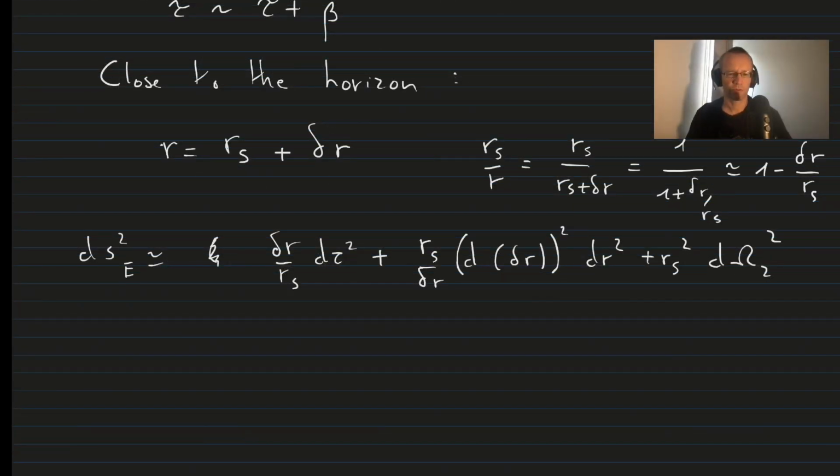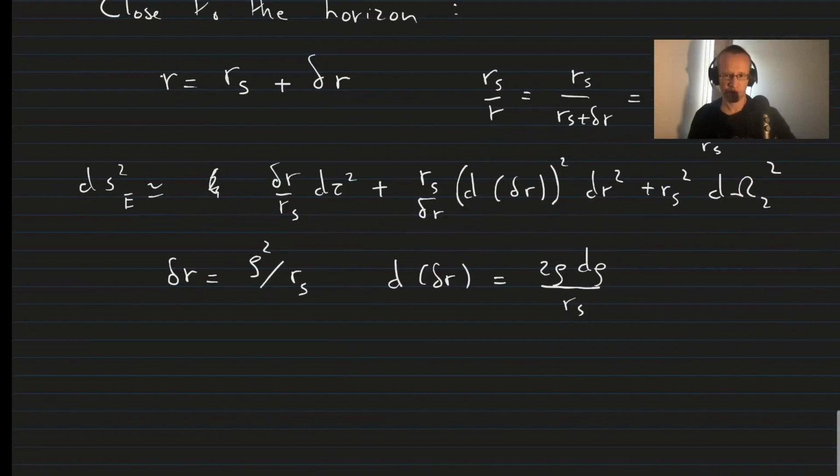It is useful to introduce a new coordinate where we set delta r equal to rho squared over Rs, such that d of delta r is 2 rho d rho over Rs.